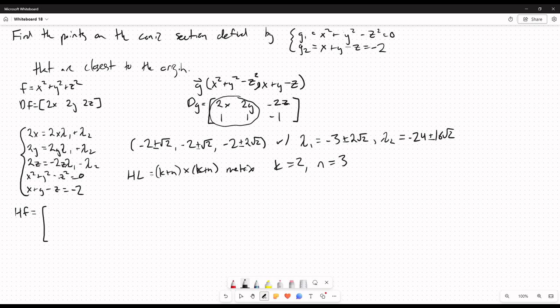We should really reorder the variables, and it looks like if you stick 2z there instead, it should be fine. So if you switch y and z, you should be good to go. However, the text didn't do that, so we're just going to decide to not worry about it and hope it's not a problem. So let's go ahead and calculate this Hessian.